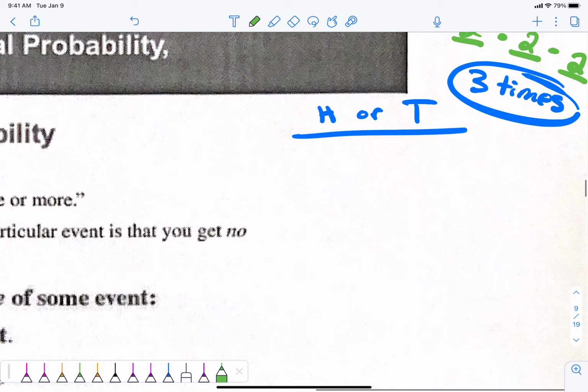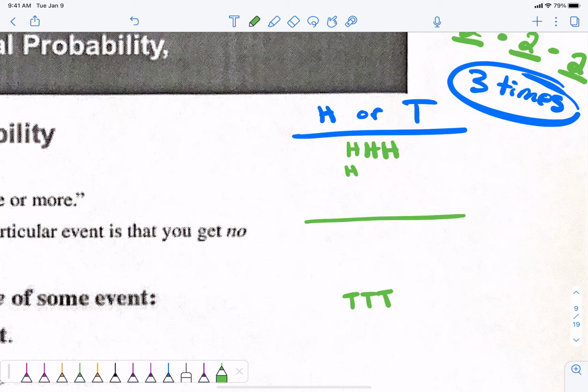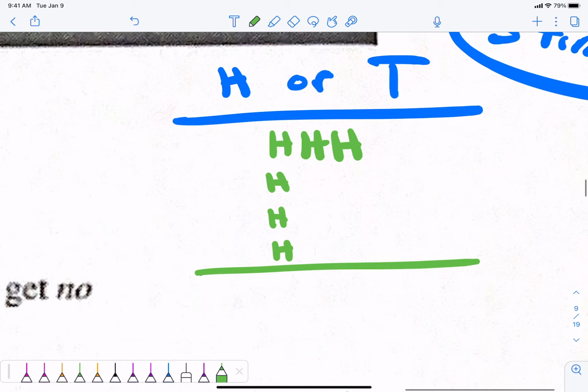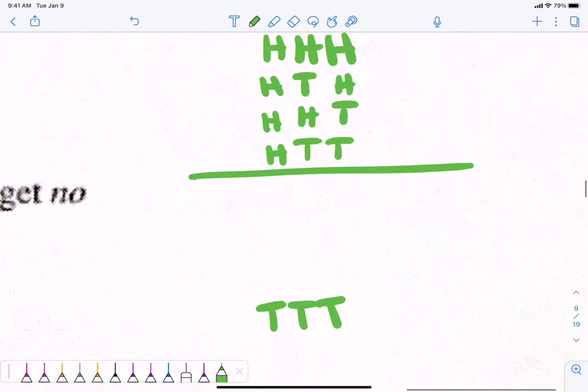Heads or tails? I could get a heads. I could get a tails. I like to go in order. There are exactly 4 combinations that start with heads. What else could I get that starts with heads? Heads, tails, heads. Heads, tails. Those are the 4.